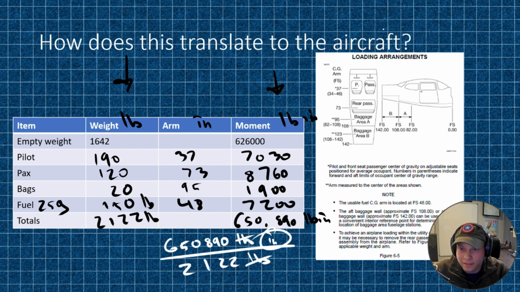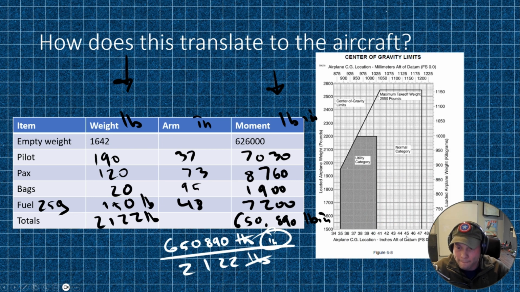One second. Oh, I think I had one too many zeros here. That's why. All right, there we go. 62,600 plus 7030 plus 8760 plus 1900 plus 7200 comes out to 87. Is that right? I screwed up somewhere. Well, that's embarrassing.